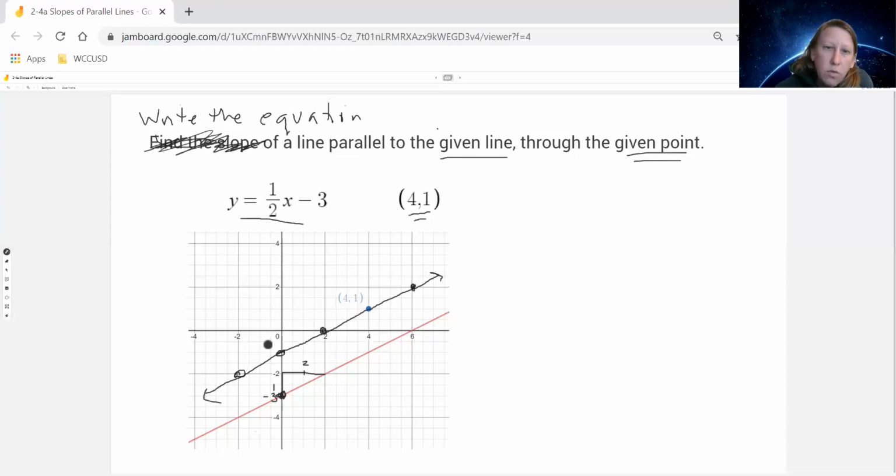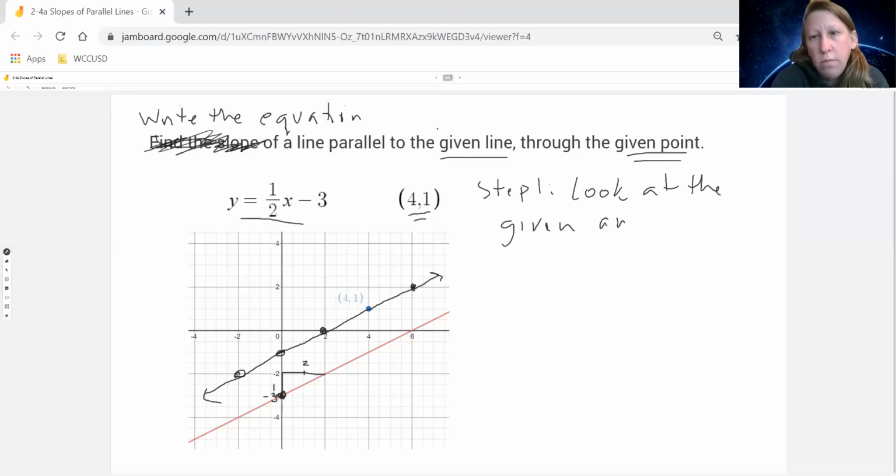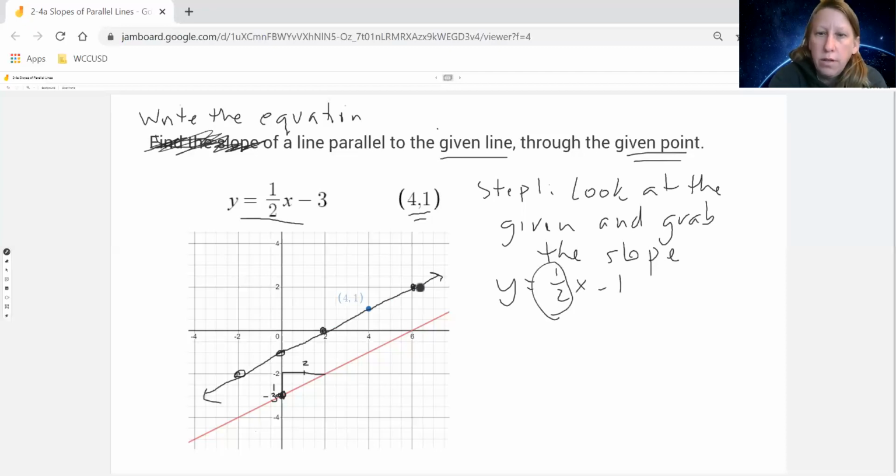So now I need to know what's the equation of this line. There's 2 ways to do it. I can look at the graph and see if I can figure it out, or I can do it algebraically. The steps to do it algebraically are this. Step 1, you look at the given line and grab the slope. In this problem, the given line was y equals 1/2 x minus 3. The slope of this line is 1/2.